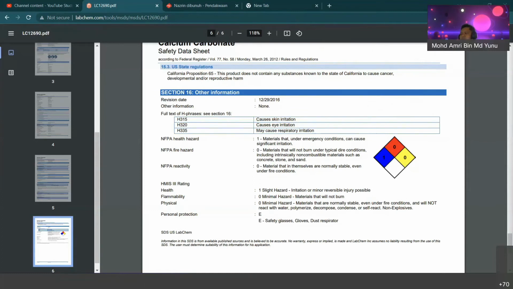Always add acid to water. Add acid to water, not water to acid. Why? Because you want to avoid any splash. If water splashes, this is less severe. But if acid splashes, it's a different story.